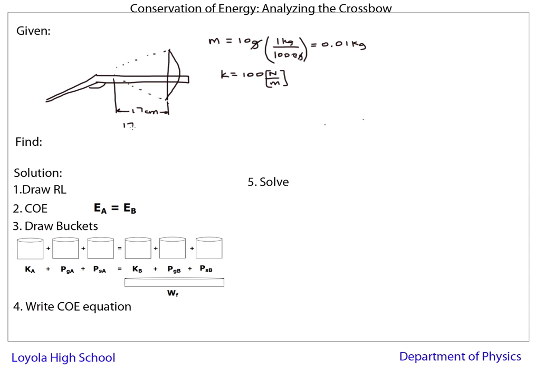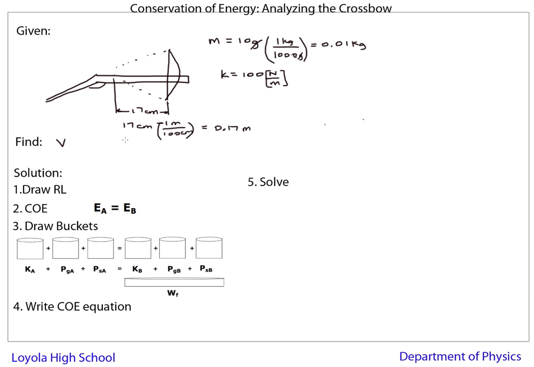So 17 centimeters, there's 100 centimeters in every meter. So this is 0.17 meters. And the goal here is to find the velocity of the dart as it leaves the crossbow. That's the goal. So we're going to use this information here in the law of conservation of energy to find that velocity. So the solution consists of 5 parts.